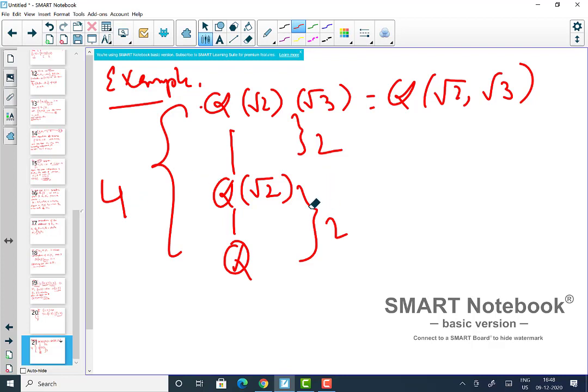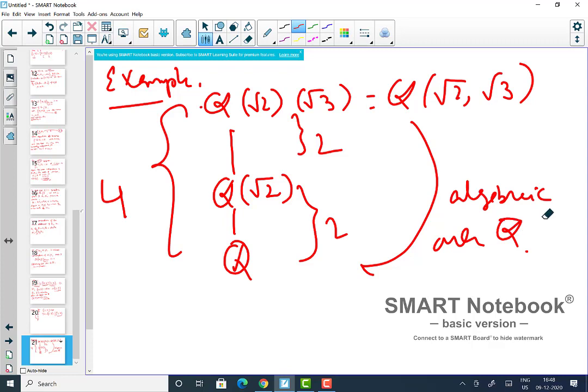Now one more thing, you can see this is a finite extension, no? So this is also algebraic over Q, right? And these finite extensions of Q are called algebraic number fields.